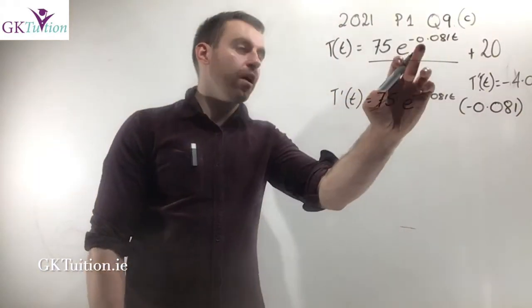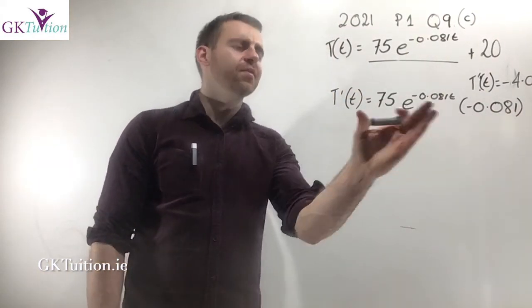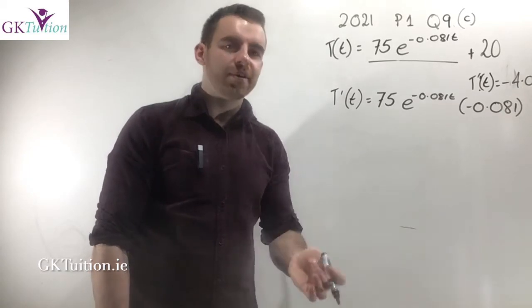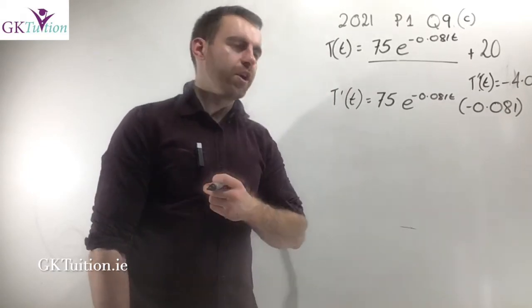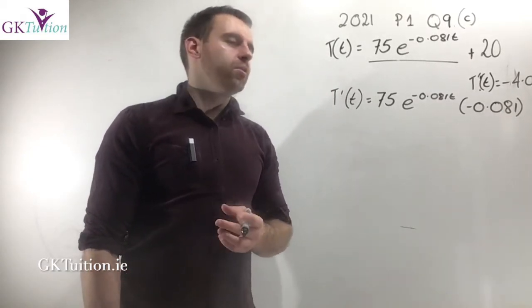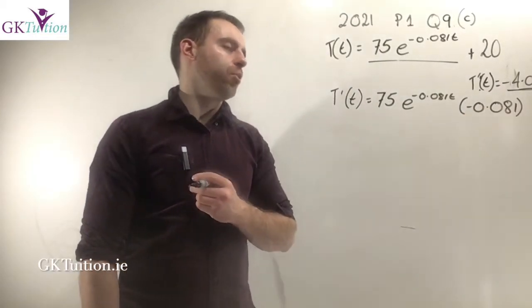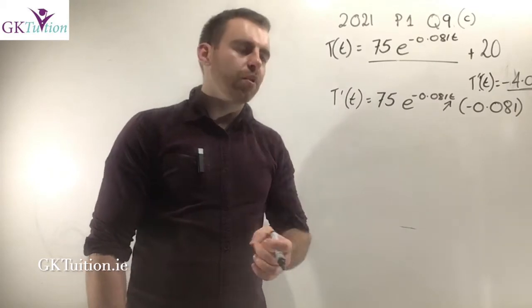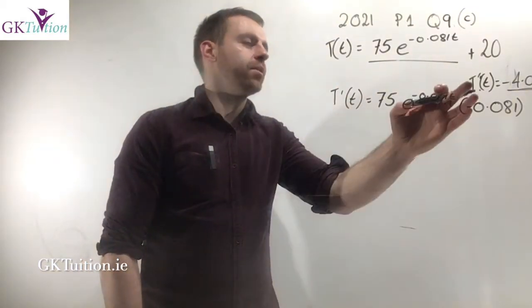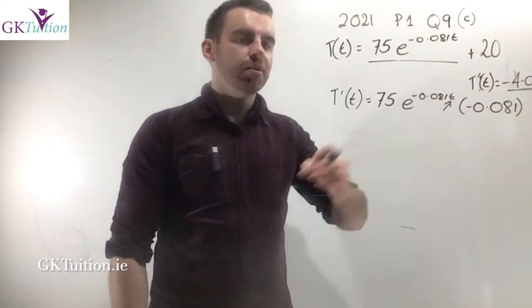That's the derivative of just the power. And this gives me T dash t, the derivative of the original equation. What I can use this for now is I can let this equal minus 4.05, and I'll be able to work out the time when the first derivative is equal to minus 4.05.